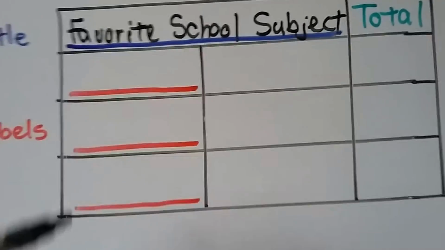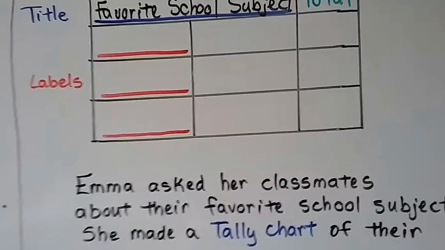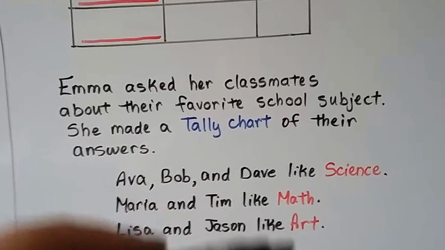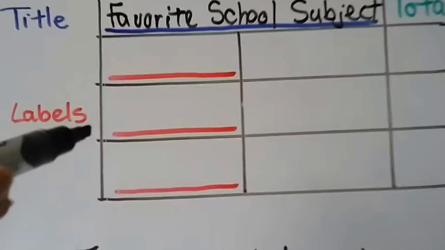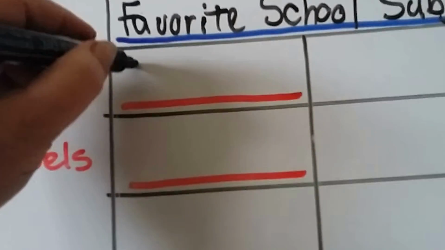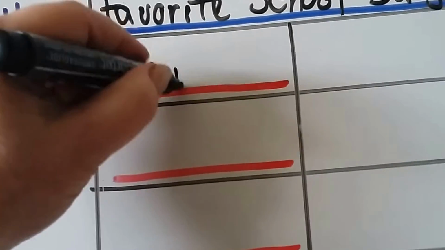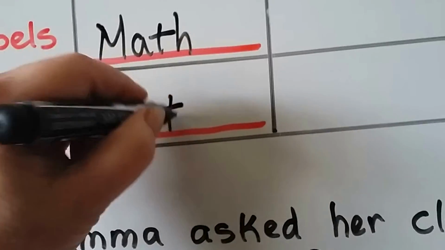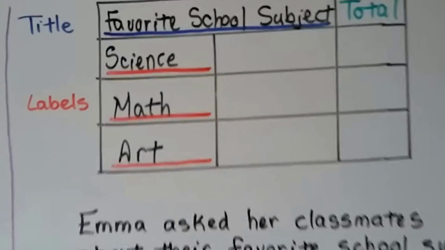And what school subjects were the choices? We had science, math, and art. That's what we'll put for our labels. Math and art. If you had to choose one of these, which would be your favorite?